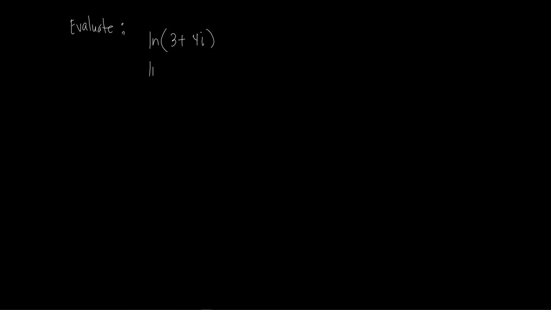So, ln of, convert na lang diretso. Square root of 3 squared plus 4 squared, angle of arctan of 4 over 3. The square root of 3 squared plus 4 squared, that is 9 plus 16, 25, so 5.